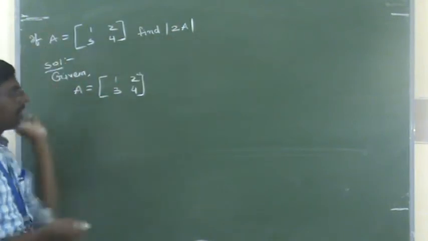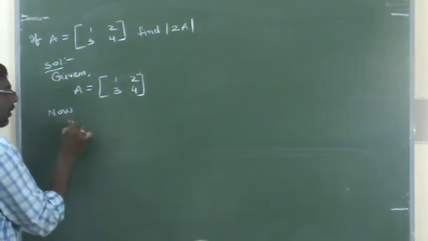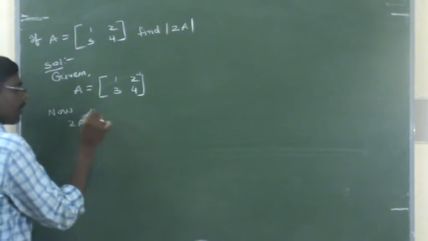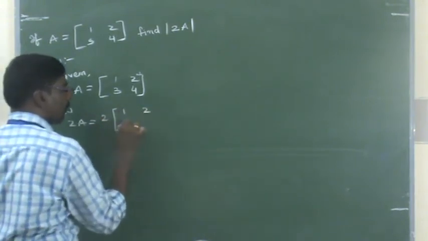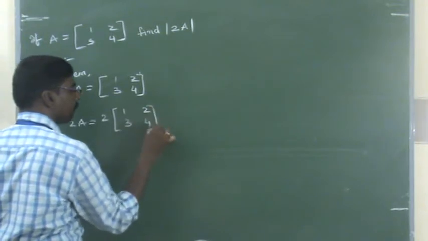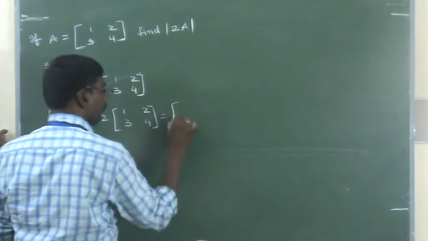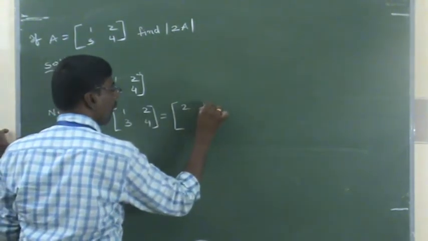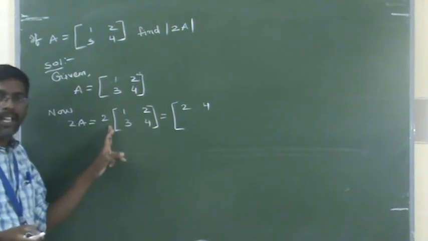That is 2 into matrix 1, 2, 3, 4. After simplification, the answer is 2, 4. This is called scalar multiplication of a matrix.